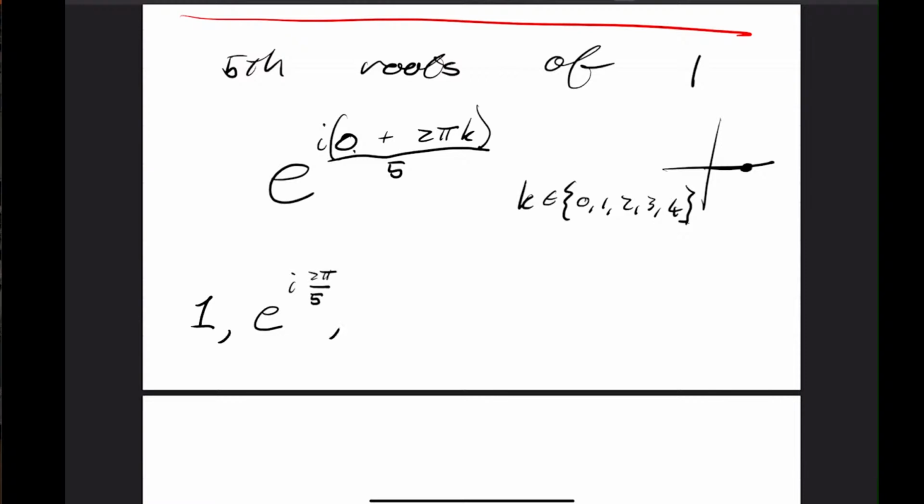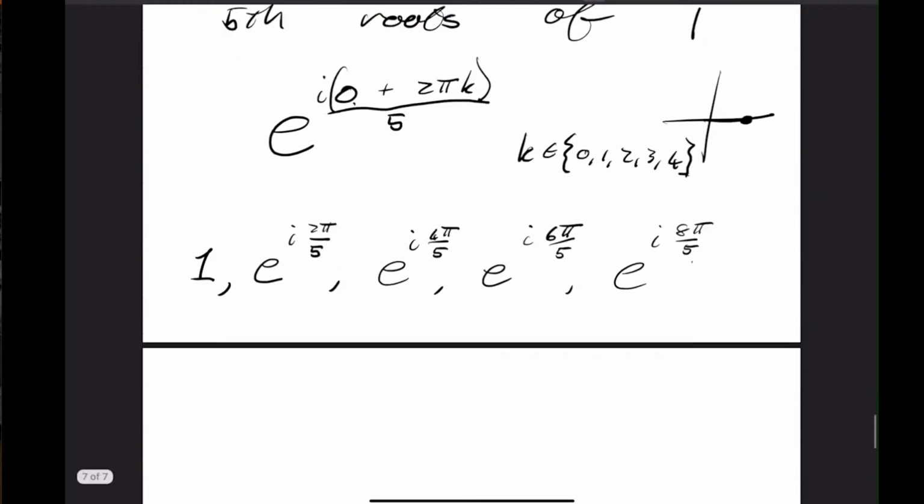That is the second fifth root, e to the i 4π over 5, e to the i 6π over 5, and e to the i 8π over 5. So let's see, there are 1, 2, 3, 4, 5 fifth roots of 1.